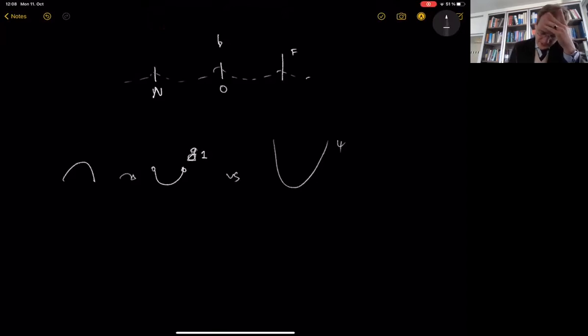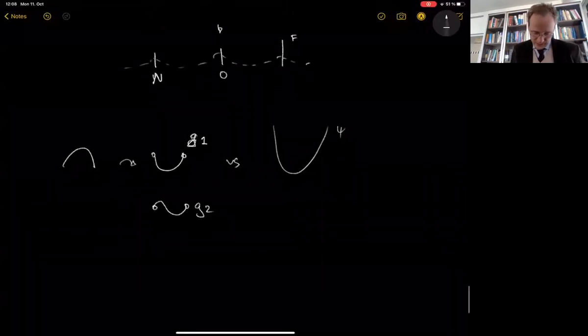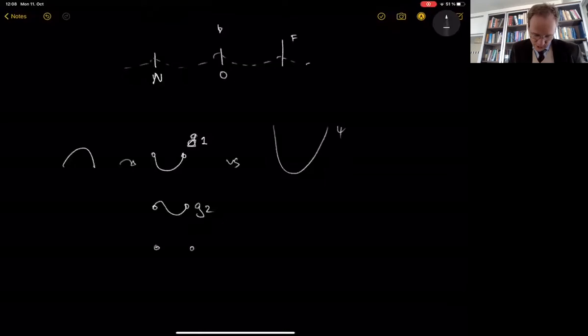The first state. And so then you can see immediately, if I ask you, this is the G1 and this is the G2, is G1 more important to describe psi than G2? You would immediately say yes. You can get more of it. Actually, G2 doesn't matter at all. There's no overlap because of symmetry. So let's go to G3.